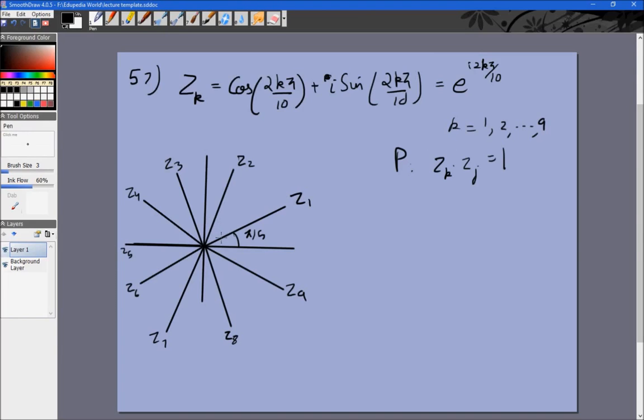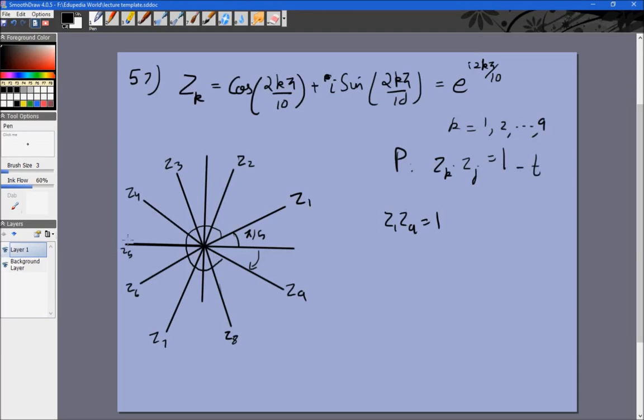Well, if you multiply this by this whole angle, which is 2π minus π/5, or you can also take this to be minus π/5, then their product will be 1. We know Z1 Z9 is equal to 1. Similarly, Z2 into Z8 will be 1, Z3 into Z7 will be 1, Z4 into Z6 will be 1, and Z5 into Z5 will be 1. So P is indeed true for every Z.